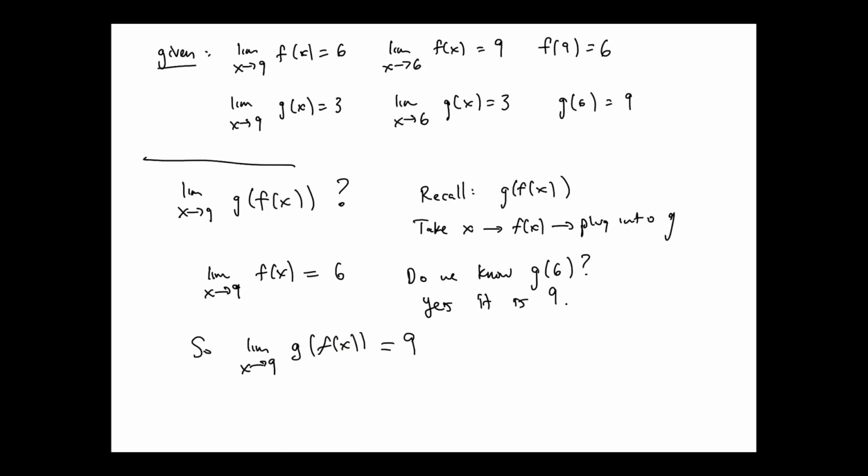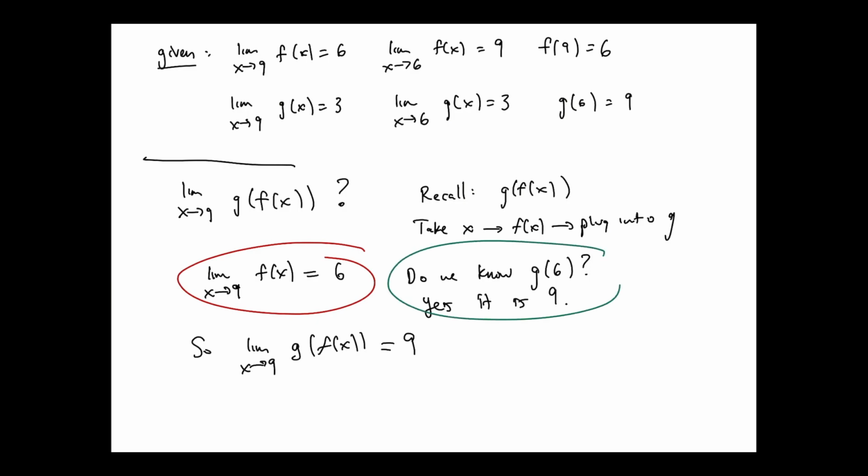is 9. Okay. Now, this only works if two things, right? This limit had to actually be a quantity that existed and that we also knew, or could figure out, okay? And the function g, the outer function, we actually had to be able to plug 6 into it, okay?